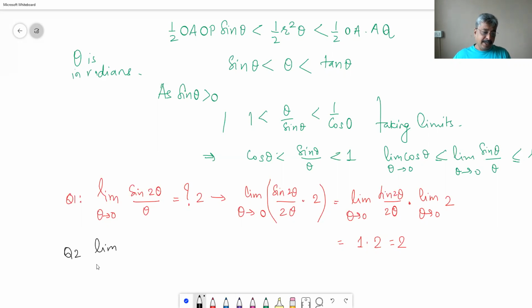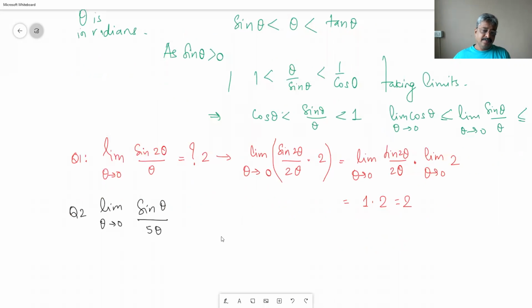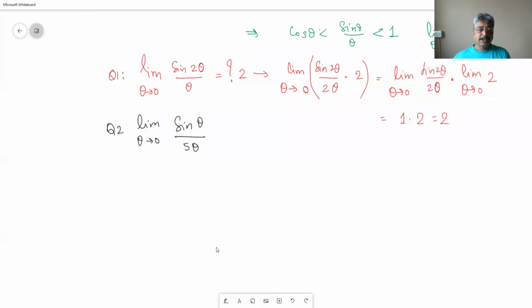Limit as theta tends to 0, sine theta upon 5 theta. This is easy. Question 3.